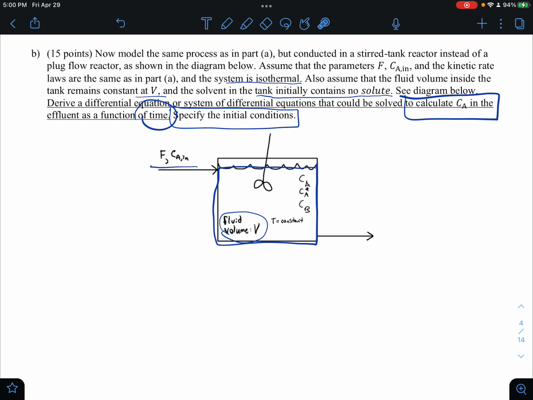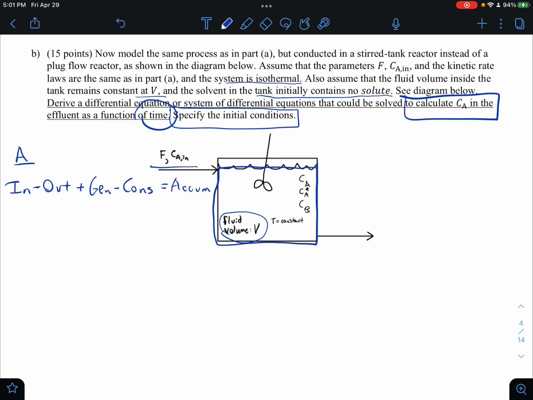So in a stirred tank, our standard control volume is the whole tank, and everything is assumed to be well stirred or homogeneous within that tank. Since we want a differential equation in terms of CA, let's do our balance. Our balance on A: input minus output plus generation minus consumption equals accumulation.